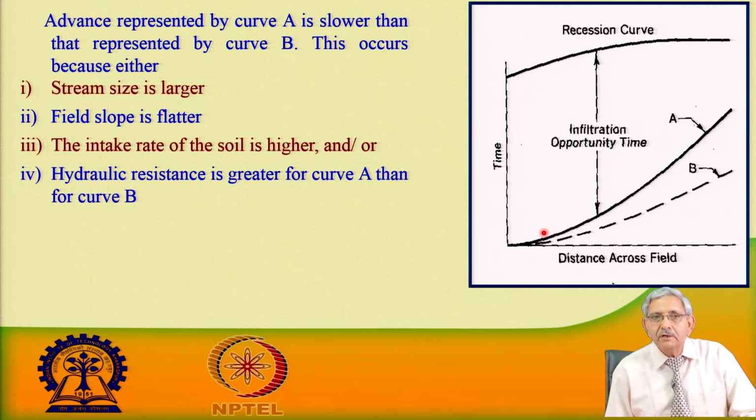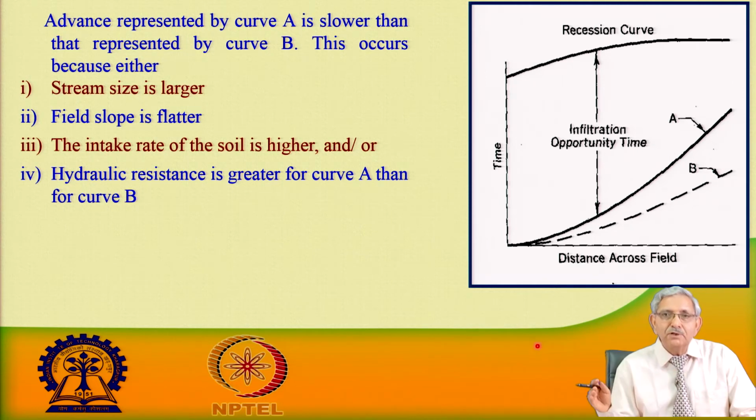The third is hydraulic resistance: the soil may be newly plowed, there may be clods, the land surface may not be smooth, or some crop may be grown. This affects the nature of the graph when we are plotting.